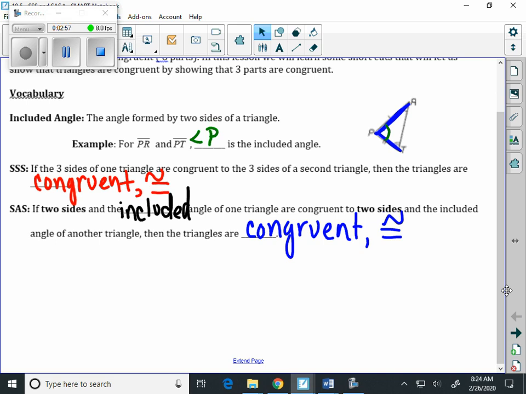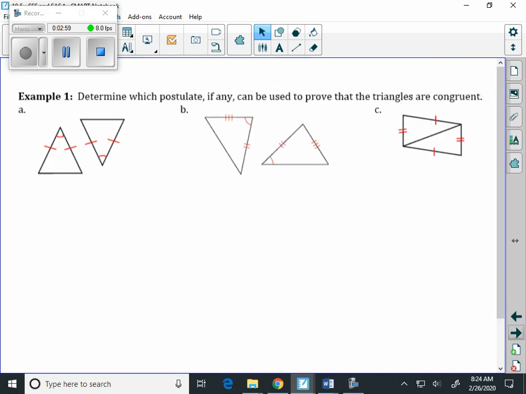So let's practice for a few minutes on determining, and we started this process yesterday. If we look at the far left at example A, determine which postulate. So we're deciding if it's side, side, side, or side, angle, side, if any. So it could be neither as well. I'll mark up this triangle a little bit. We've got a side, and then another side and an included angle.